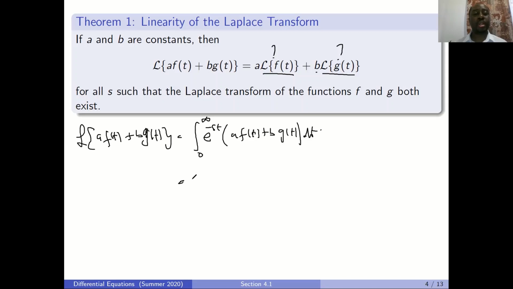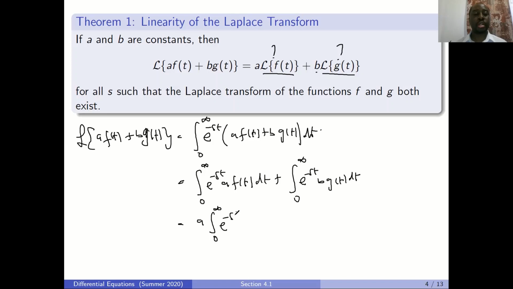And then if we distribute the integral through, we have the integral from 0 to infinity, e to the minus st, a f of t dt, plus the integral from 0 to infinity, e to the minus st, b g of t dt. And then we can always take the constant out. So we have a times the integral from 0 to infinity, e to the minus st, f of t dt, plus b times the integral from 0 to infinity, e to the minus st, g of t dt.